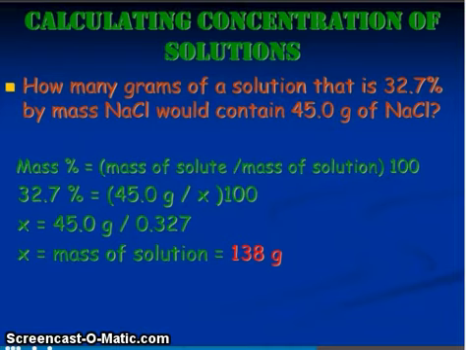So 32.7% is equal to 45.0 grams over x, multiplied by 100. Then you can calculate x. x is equal to 45.0 grams divided by 0.327. So x, the mass of solution, is 138 grams.